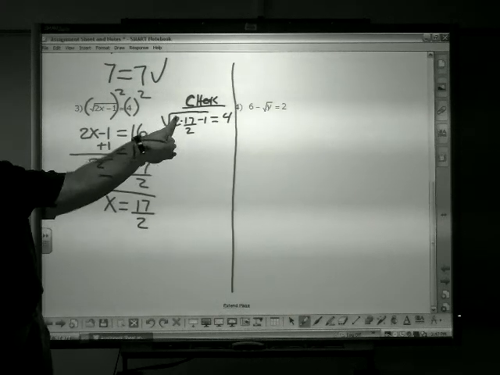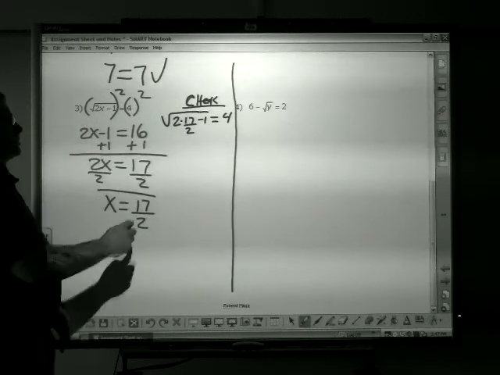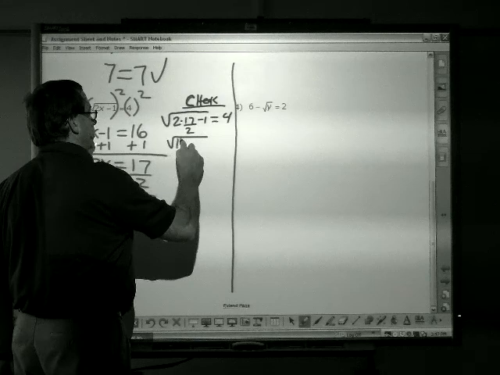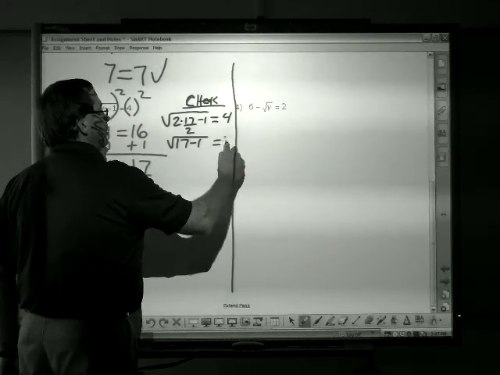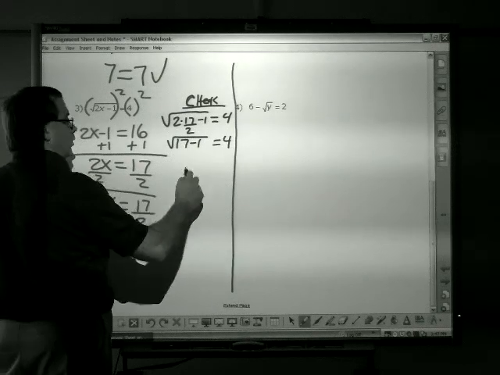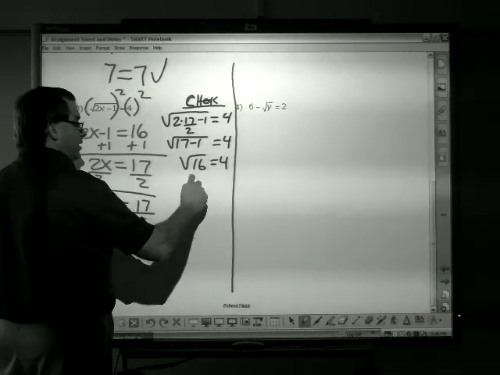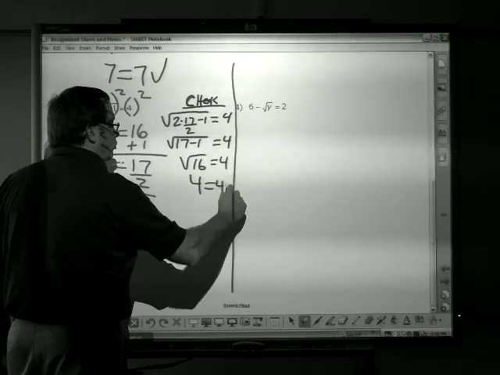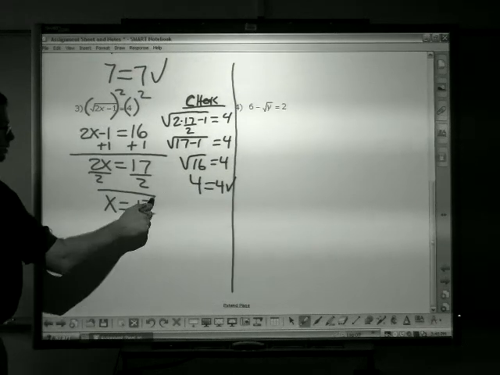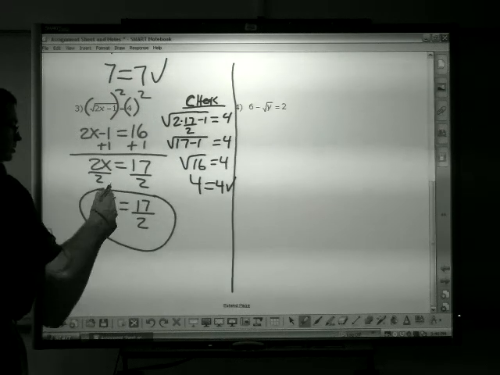Well, 2 times 17 divided by 2, the 2's reduce, leaving me 17. Minus 1. Does that equal 4? I don't know. Let's keep going. 17 minus 1 is 16. Square root of 16 is 4. 4 equals 4. It's a check. So now I can circle my answer.